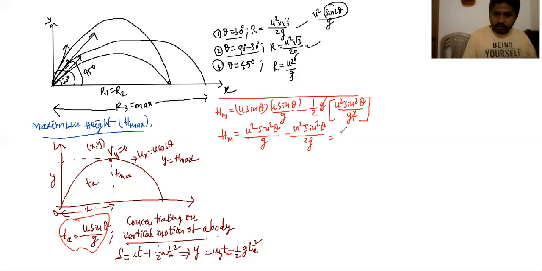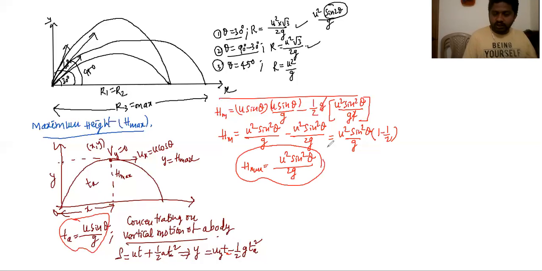If you take u square sine square theta by g common, it will be 1 minus 1 by 2, which is 1 by 2. So the maximum height is equal to u square sine square theta divided by 2g, my dear students.